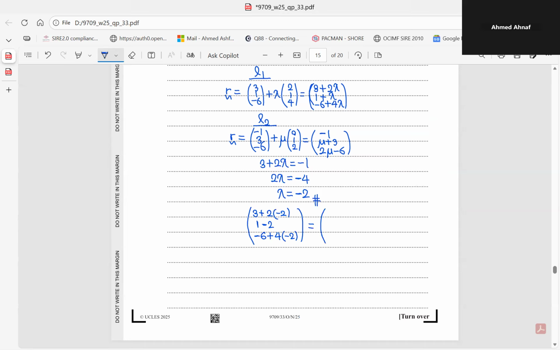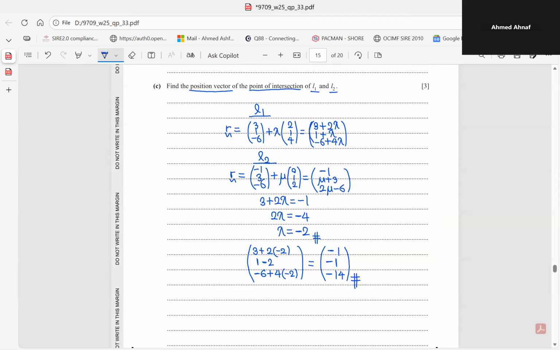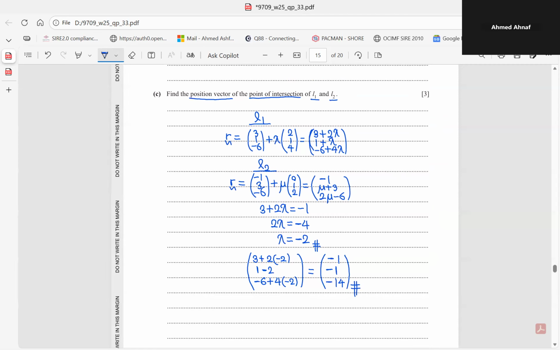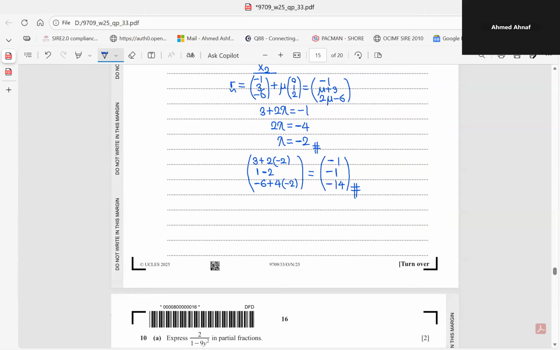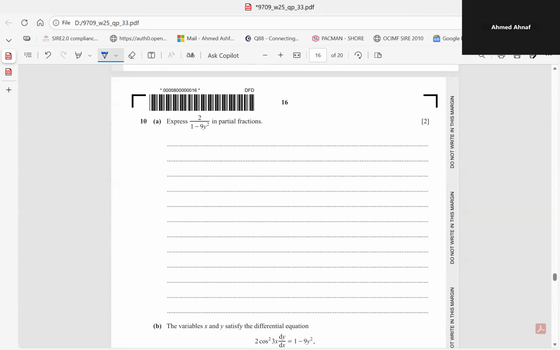With that, you get 3 minus 4, which is negative 1; minus 2 plus 1, which is also negative 1; and minus 6 minus 8, which is negative 14. So this would be our position vector, which is basically the coordinates of our point of intersection of L1 and L2. With that, let's head on to the next question.